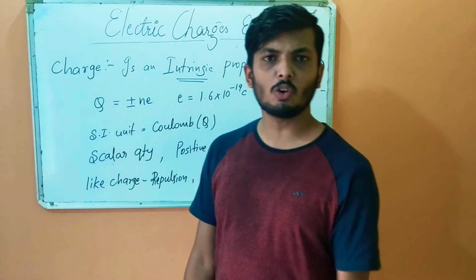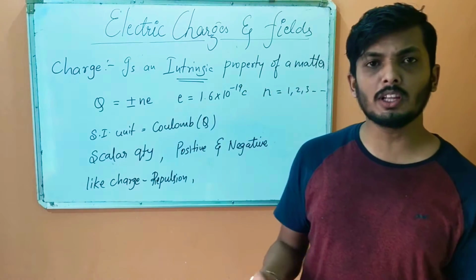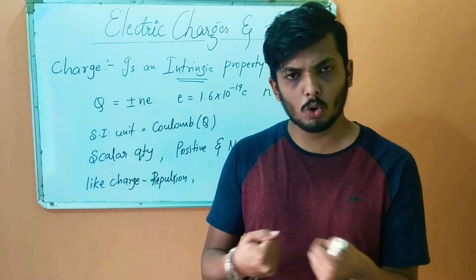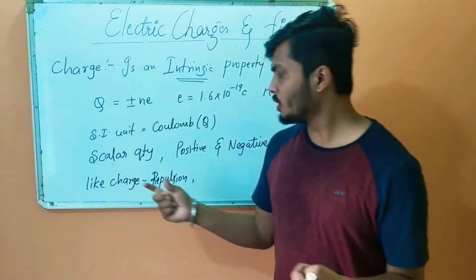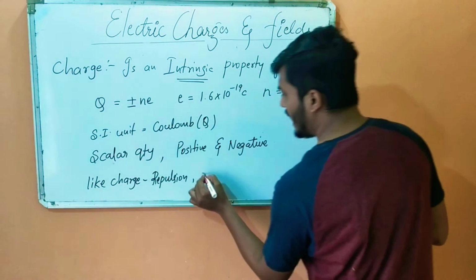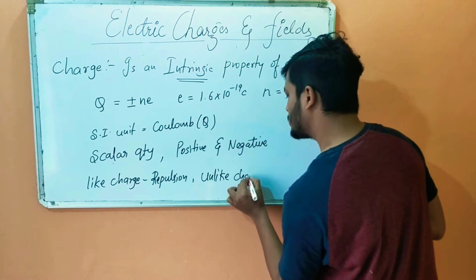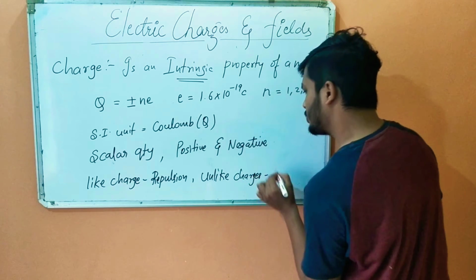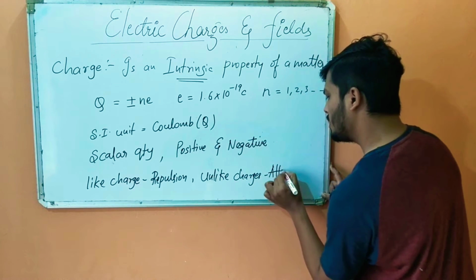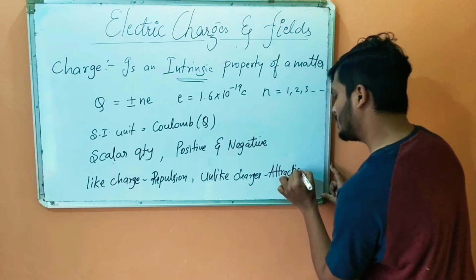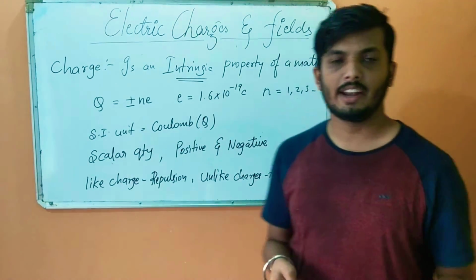If I take an electron with another electron, and try to bring them closer, they will undergo repulsion. And unlike charges always undergo attraction.